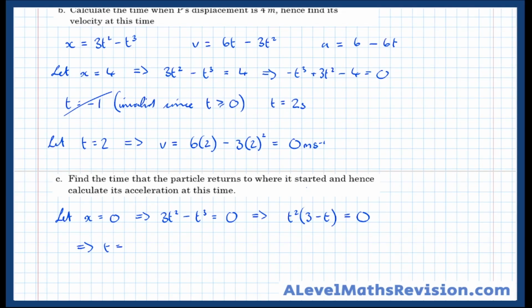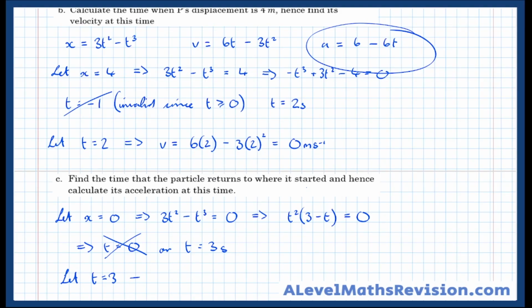which means that t equals 0 or t equals 3. But it's talking about when it returns to where it started, so t equals 0 is where it started. It returns back to the origin at t equals 3, and hence calculate the acceleration at time t equals 3. Well, we've got here an expression for acceleration, so let t equal 3, and let's not forget the units.